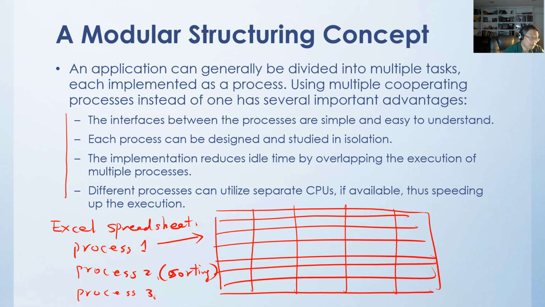In this multiprocessing implementation, if there's only one CPU, you can use time sharing. The CPU organizes the time for process 1, process 2 and process 3, and basically switches back and forth among these processes.